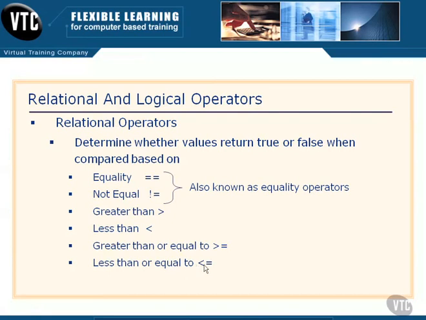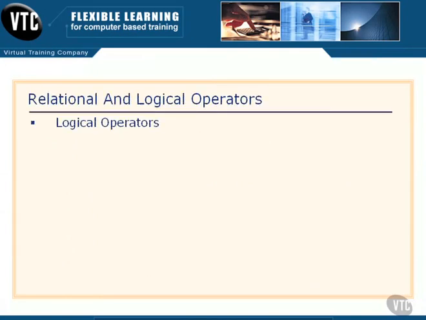Less than or equal to, obviously, is the number on the left less than or equal to the number on the right. Now, relational operators are always going to give you a true or a false. Doesn't matter how many lines or characters you're comparing, you're always going to end up with a condition of either true or false. That's how you know you're dealing with a relational operator.